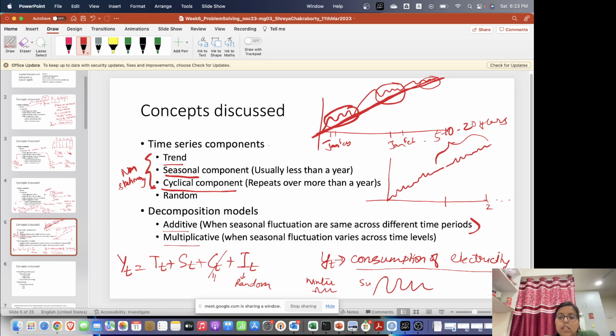So in such cases it will be wise to use an additive model. But in cases when the seasonal fluctuation is also varying across time levels, it would be wiser to use a multiplicative model. So a multiplicative model would be something like this.